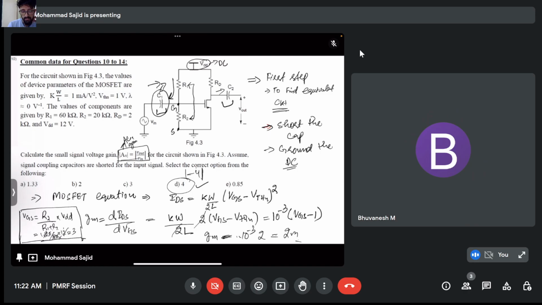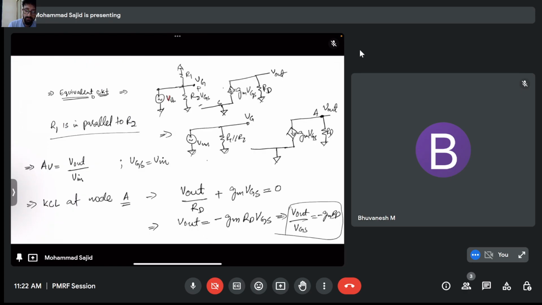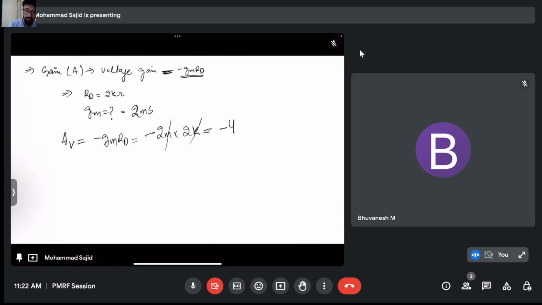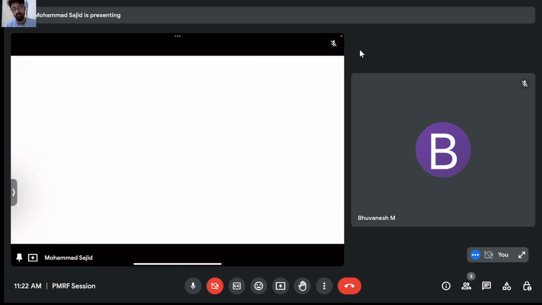Further, let me just mention that these are the week four questions. You have done week four. There were some questions which were not shown. So this is related to MOSFET and small signal voltage gain. This was the same question I have shown here. So now next is to find input resistance for the same circuit.